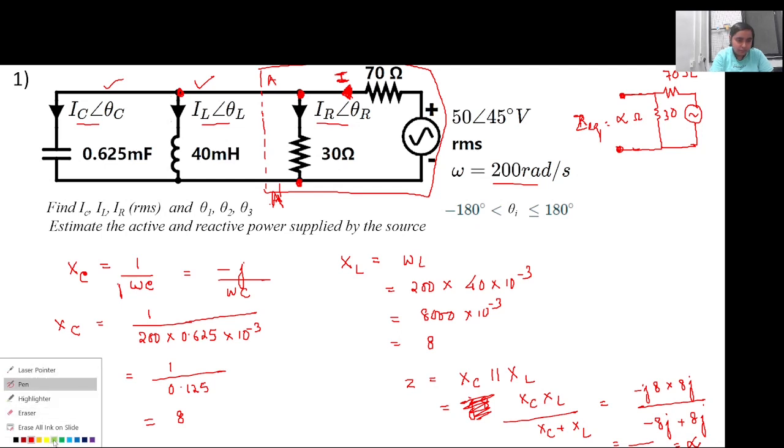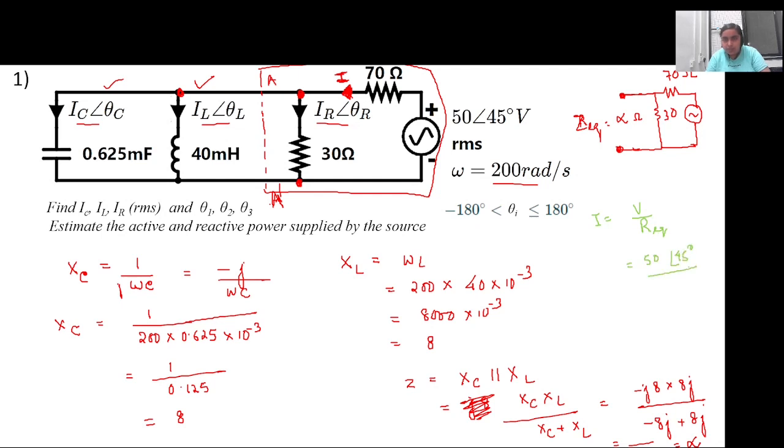Since only two resistors are there and the voltage is given, I is equal to V by the total R. So it is 50 angle 45 by 70 plus 30. That is 0.5 angle 45 degree.